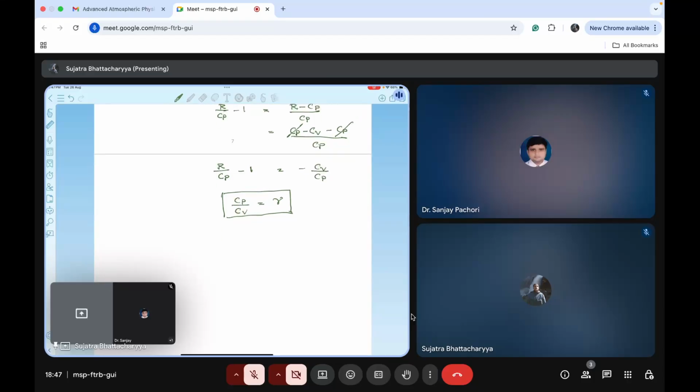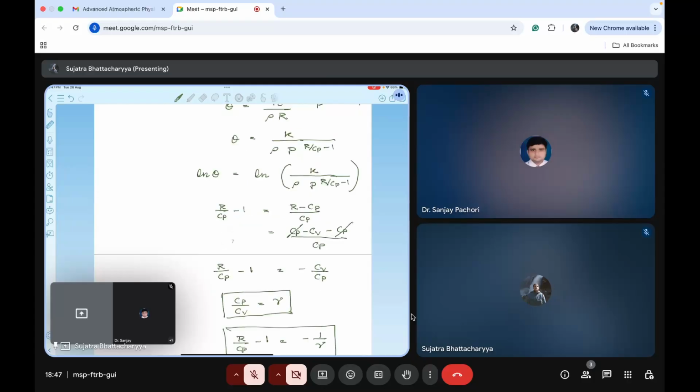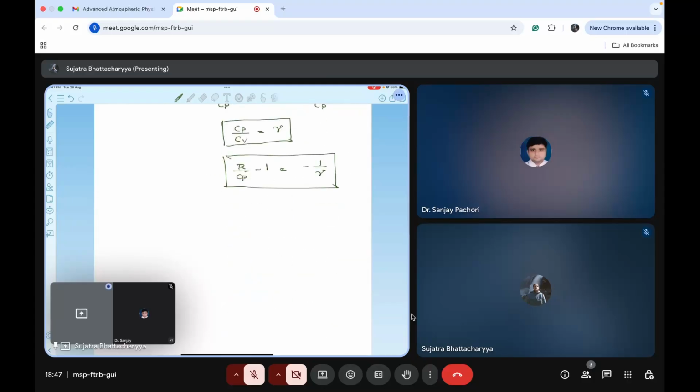Okay. Can I write therefore R/Cp minus 1 as minus 1/gamma? We can. Okay. So finally, what we get is that log of theta is equal to log of some constant plus 1/gamma log p minus log of rho.